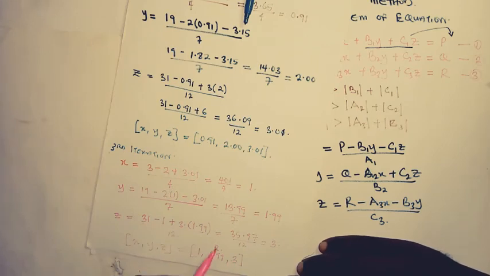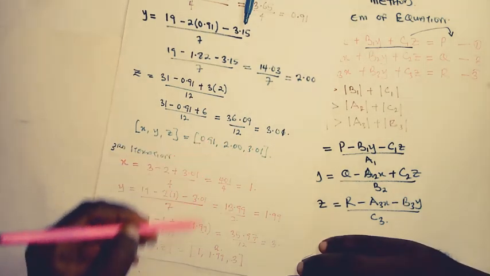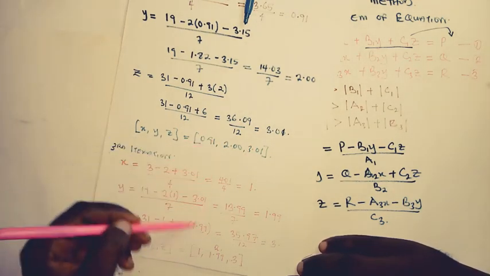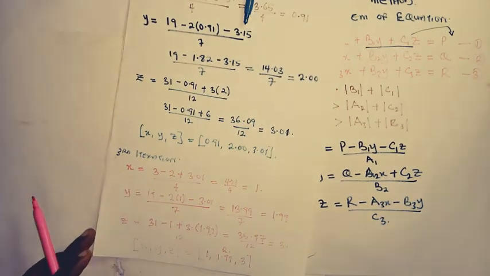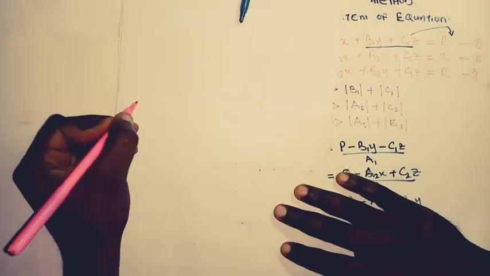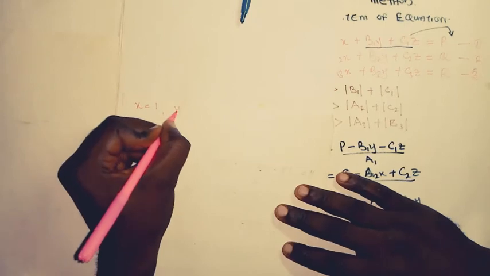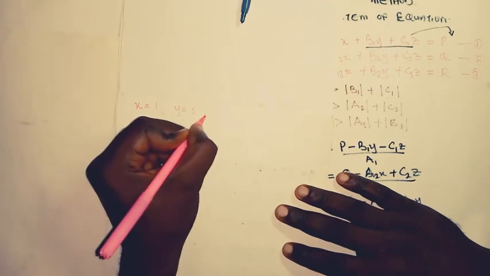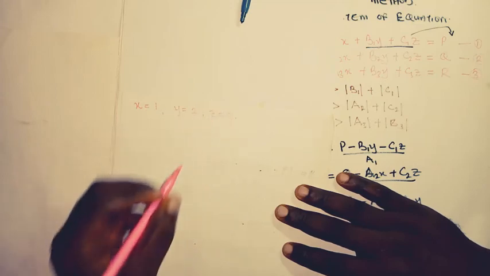And since I have the same, very close solutions in the second and the third iteration, I can stop in this iteration to say my solution now becomes x is equal to 1, y is equal to 2, and z is equal to 3.